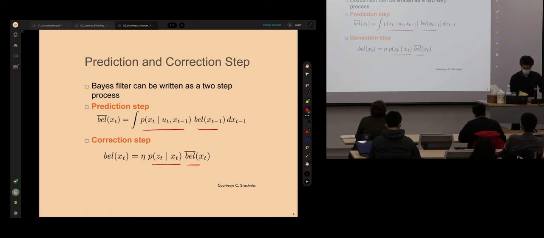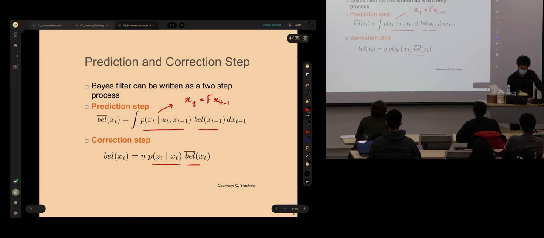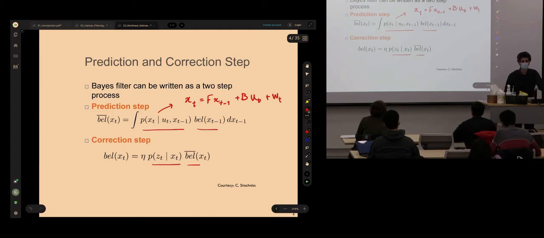The particular model that we used last time took the form of x_t equals f x_{t-1} plus b times u plus some noise, right?